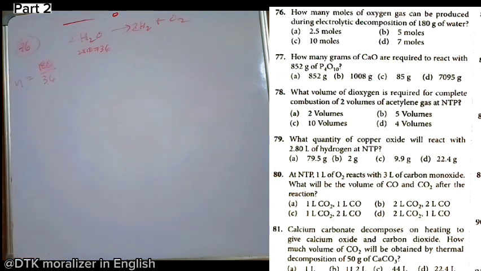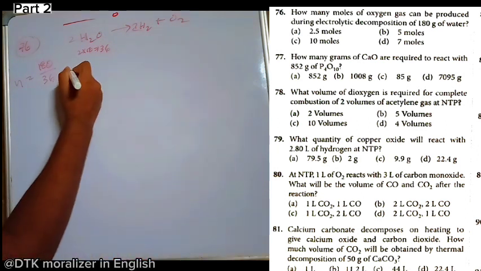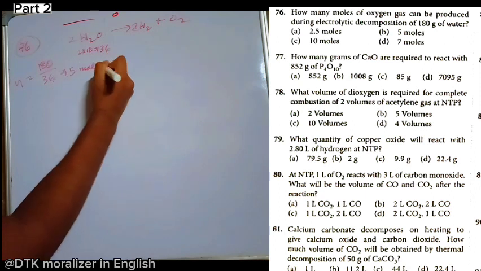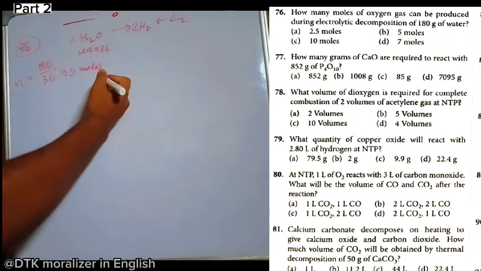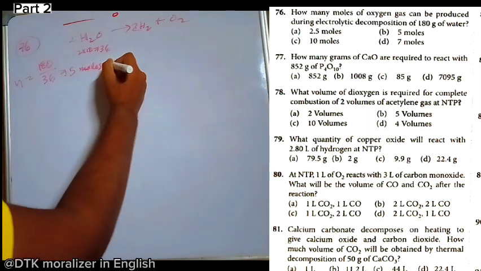Here 180 grams of water, at 36 grams per mole, is 180 by 36, which equals 5 moles.